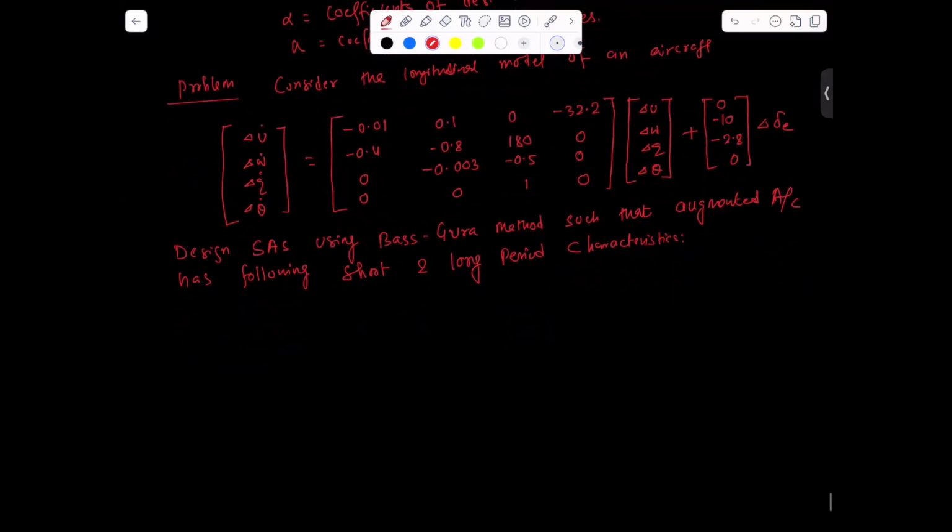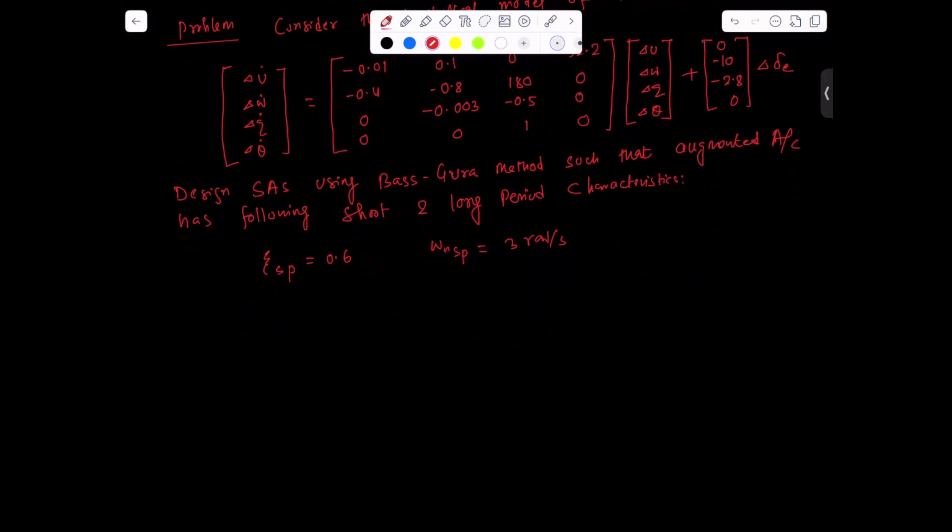For the short period, the damping ratio is 0.6 and the natural frequency is 3 radian per second.